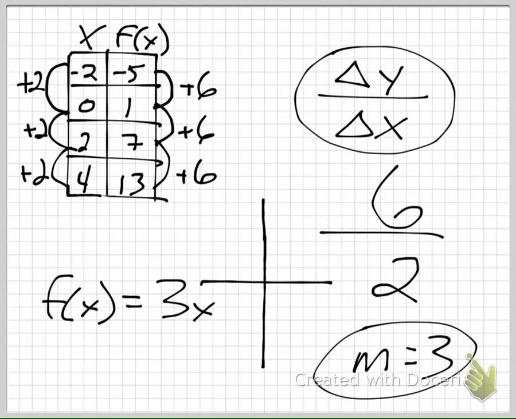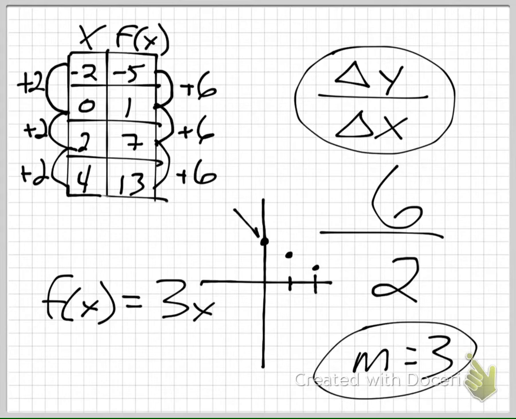If here's a point right here, this is where x is 2. Do you agree? If there's another point right here, this is where x is 4. If it crosses right here, this is where x is 0. So wherever x is 0, whatever y is, that's the y-intercept.